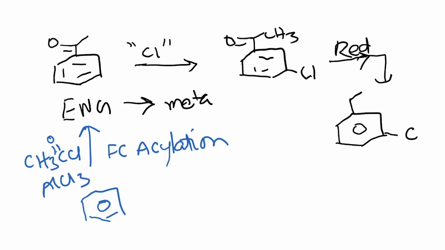So, one important way in which we could make this compound is through Friedel-Crafts acylation as the first step, and that's going to give you acetophenone, followed by chlorination, which is going to give you the meta-chloro compound. And the last step would be reduction. Here you have a choice of either doing Wolff-Kishner reduction or Clemmensen reduction. So this strategy will work.